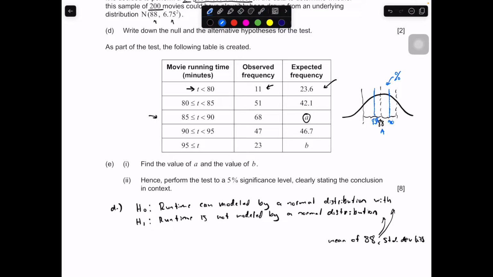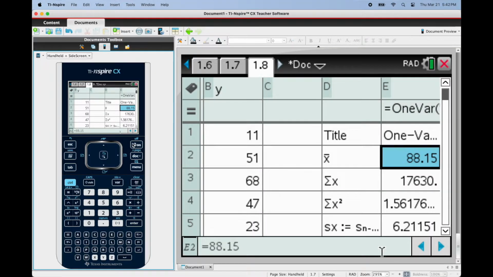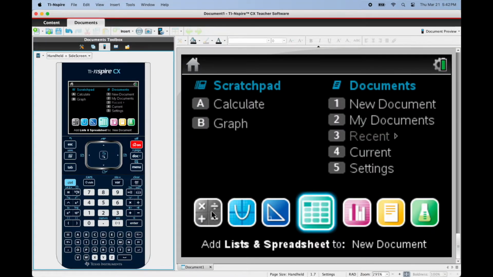And if we know we have 200 movies altogether, we can find out how many movies we would expect to have within this range. So let's go back to the calculator to try to work this out.